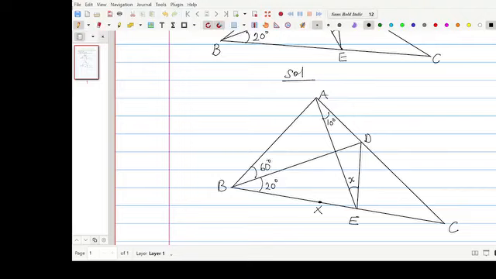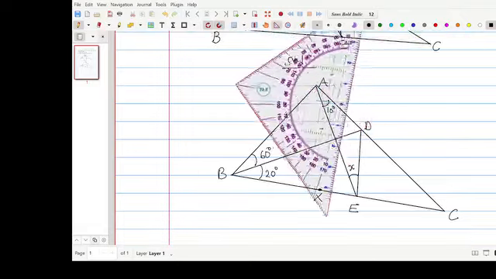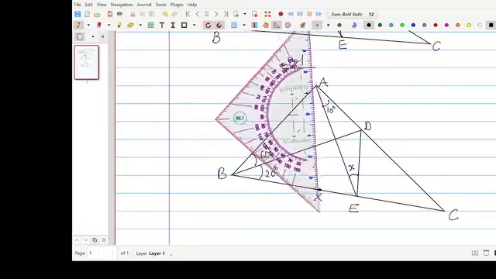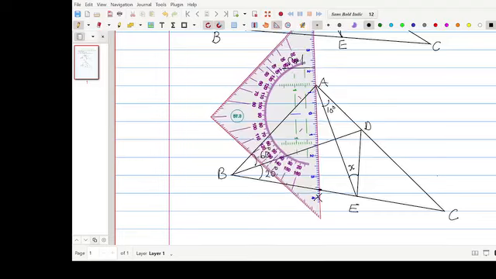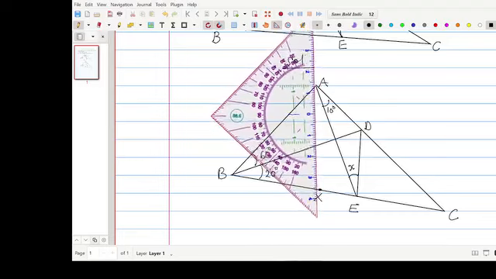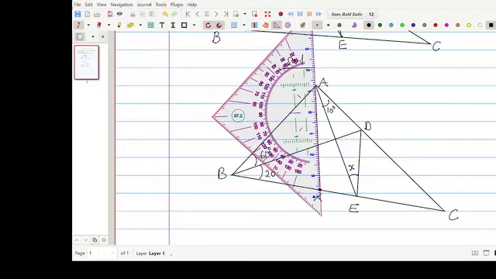So X has a connection with A. So in that case, I'll bring out my meter rule and show the connection. So what I will do here, I will connect this point X to point A. All right, that is the connection.